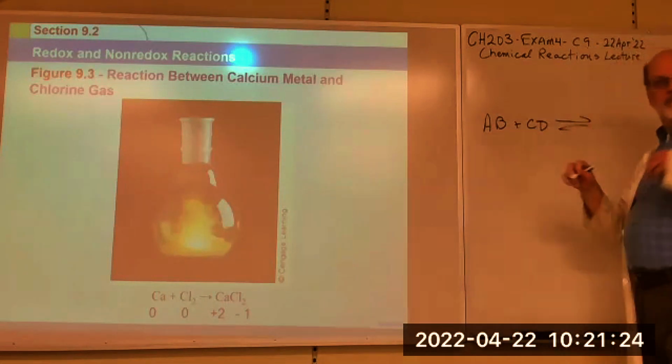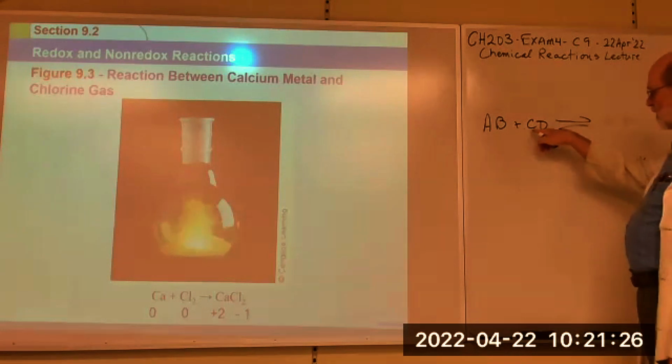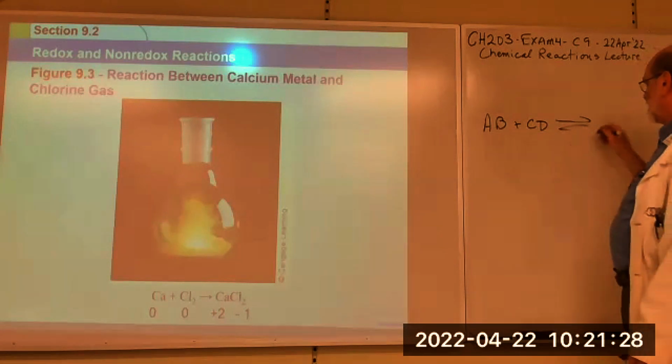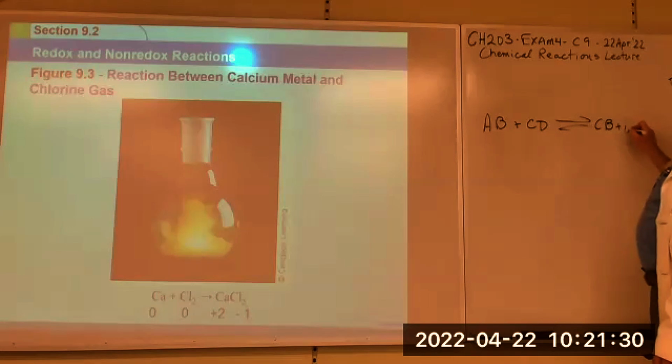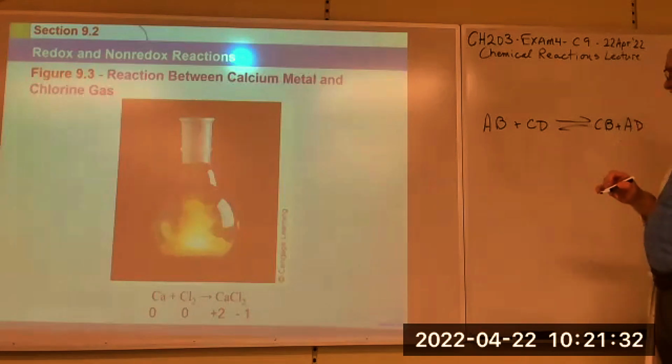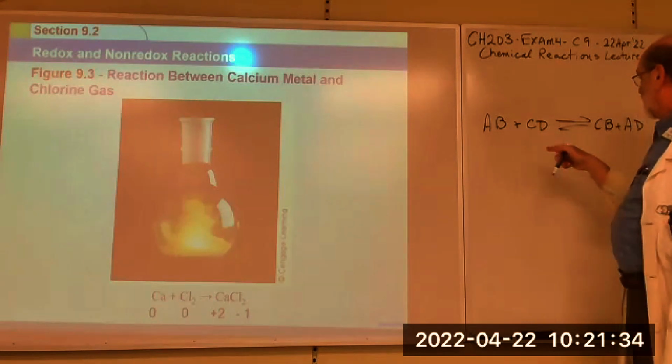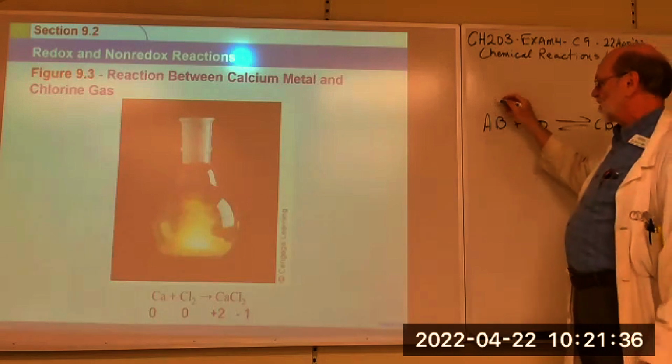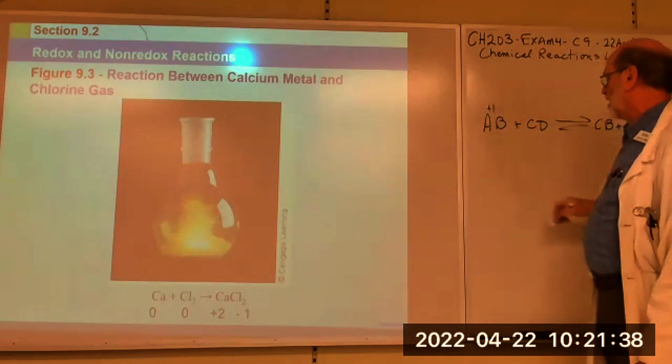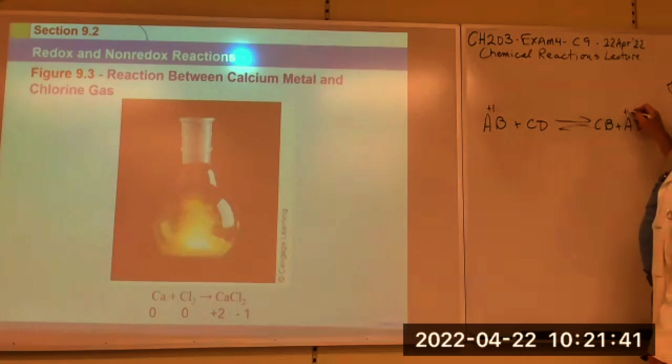Let's make it a double replacement. So this one would swap places with A. So CB plus AD. Okay, if that's the case, if A on this side is, just make something up, say it's +1, and on this side it's a +2.